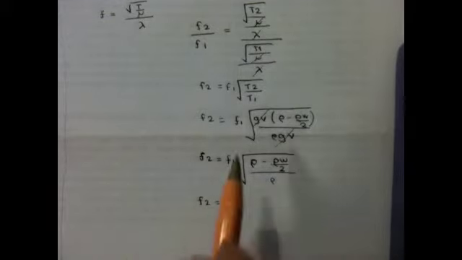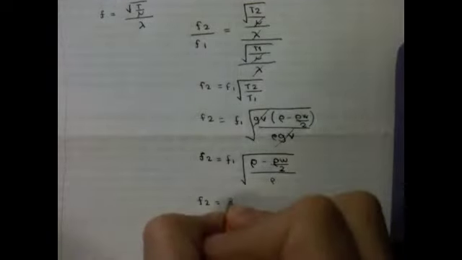We substitute the values we know. The frequency 1 was 300 Hertz.